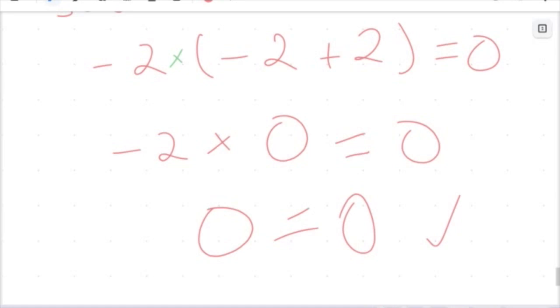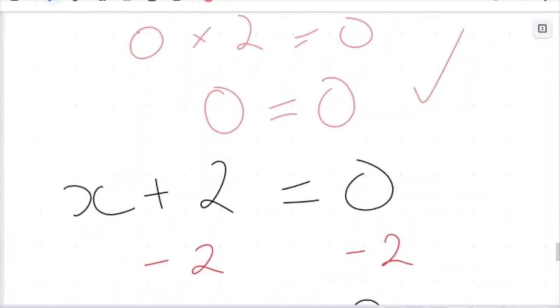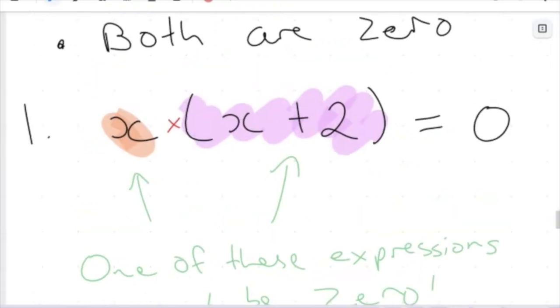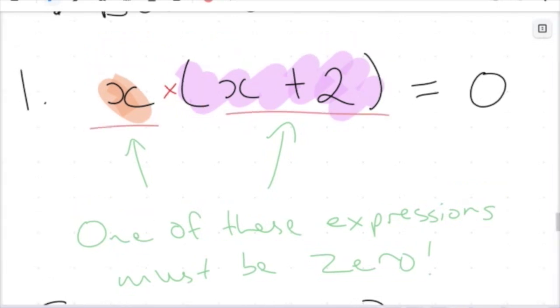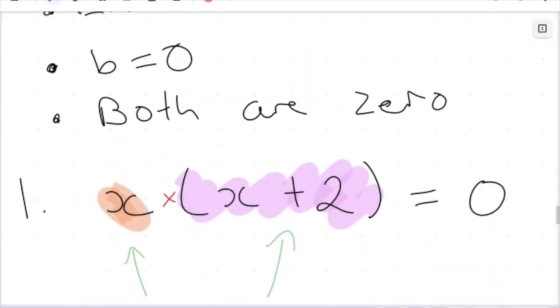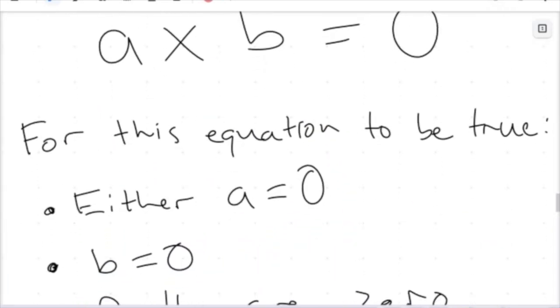So when we use the null factor law, we're pretty much just finding what values both of these x's are going to be in order to make each part of this product 0. The same as this A times B equals 0.